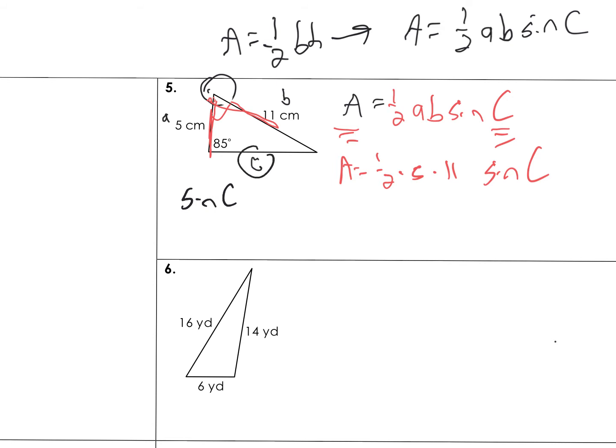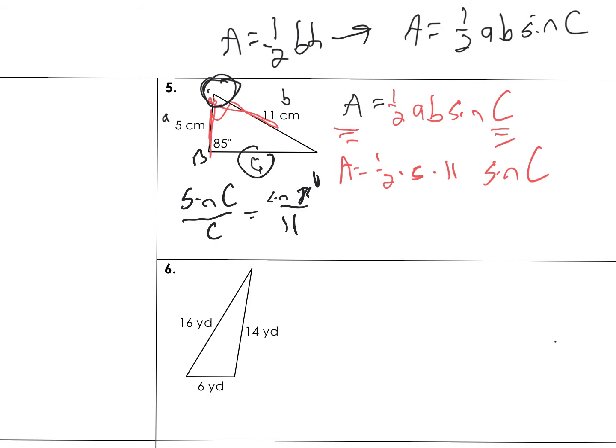So if I go sine of C over C equals sine of B, that would be angle B, so sine of 85 degrees over the 11. What's the problem again? I don't have the matching corresponding angle and side. So bummer, I'm going to have to find a different angle.